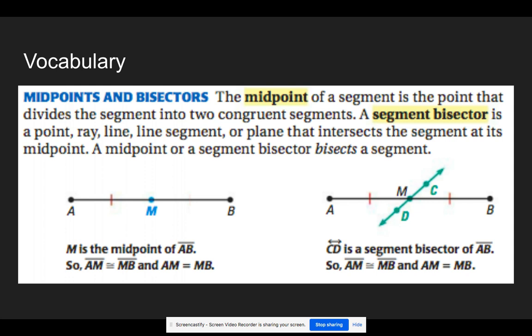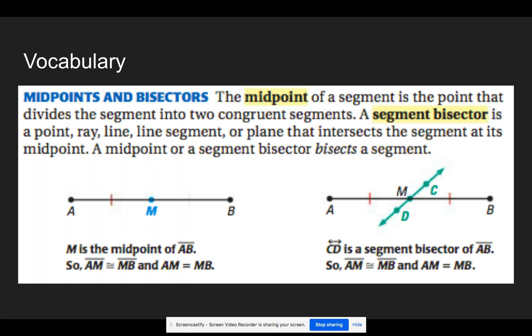That demonstration is called a segment bisector. So you might think of a midpoint, like we talked about in the last lesson, as a point that falls in the middle of a line. We can go one step further and take that line segment and bisect it, or cut it in half. We can do that with a point, a ray, a line segment, or even a plane.